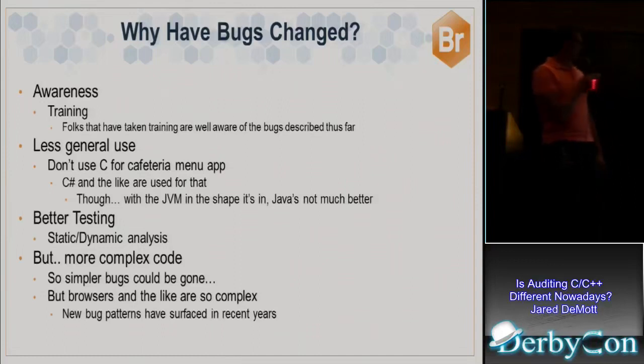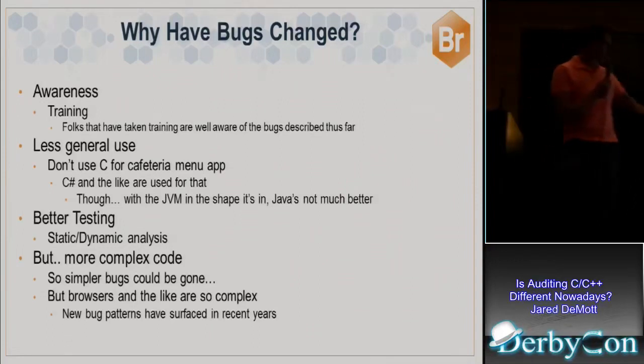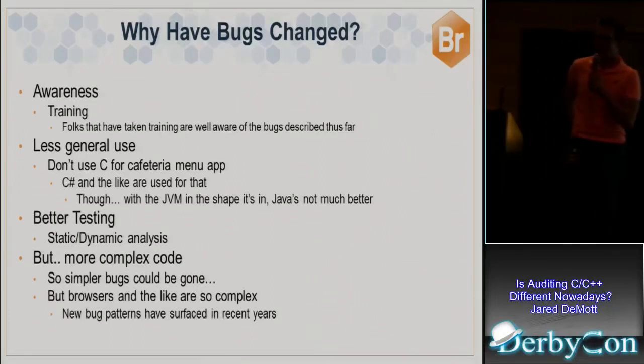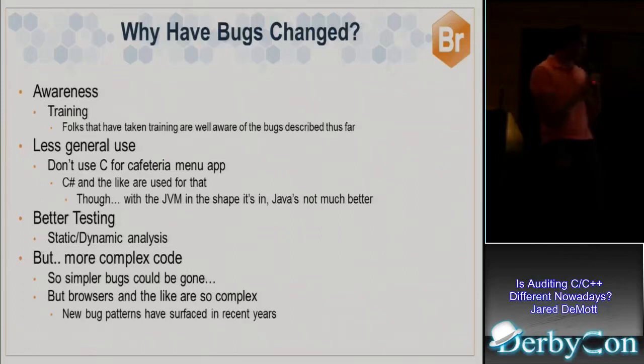Better testing, more people are aware of, for example, fuzzing is a good thing. Most people now have heard of that word and generally know what it means. When I first started talking about that years ago, around the 2005 era, people had no idea what that word was. Most people that you would meet had never heard of that term. So things have gotten a lot better in that state.